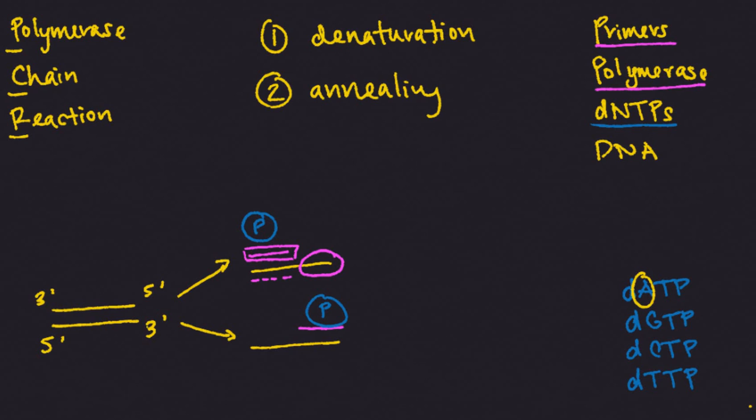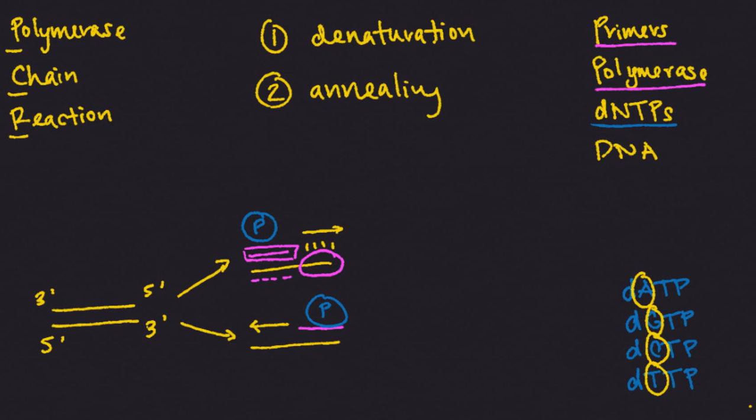A for adenine, G for guanine, C for cytosine, and T for thymine. And so what dNTP actually stands for is deoxynucleoside triphosphates, and they're in a form that this polymerase can add to the sequence right here as it continues down this path and this path over here.